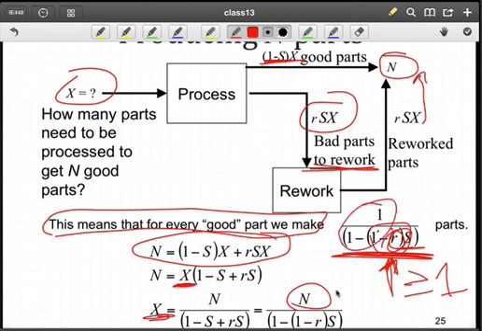In other words, it'll be perfect in every case because we fully restored every part. If, however, R is equal to 0, then this will reduce to 1 over (1 minus S), which is what we had originally, and therefore rework has no effect, which makes sense because the likelihood of success is 0.